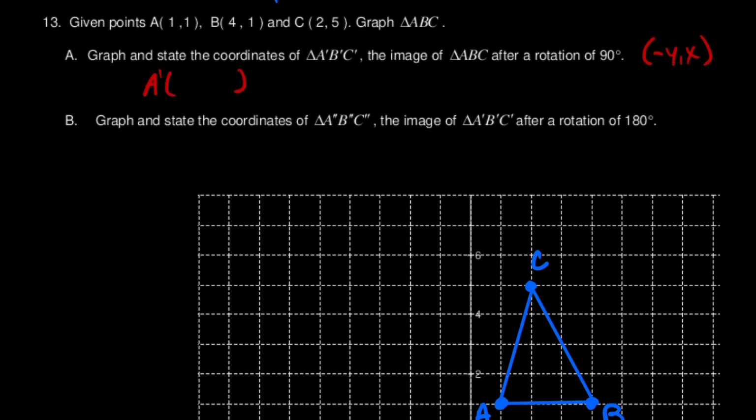A prime. So switch these and negate the first one. That's negative 1, 1. B prime. Switch these and negate the first one. It's negative 1, 4. C prime. Switch these and negate the first one. That's negative 5, 2.